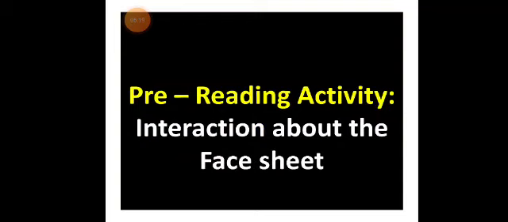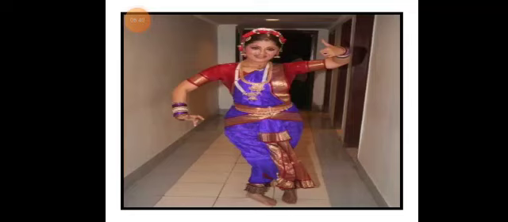So let us see some personalities, some great people, and see how they have become great personalities and what they are famous for. Look at this picture. Whom do you see in this picture? Yes, you are right.